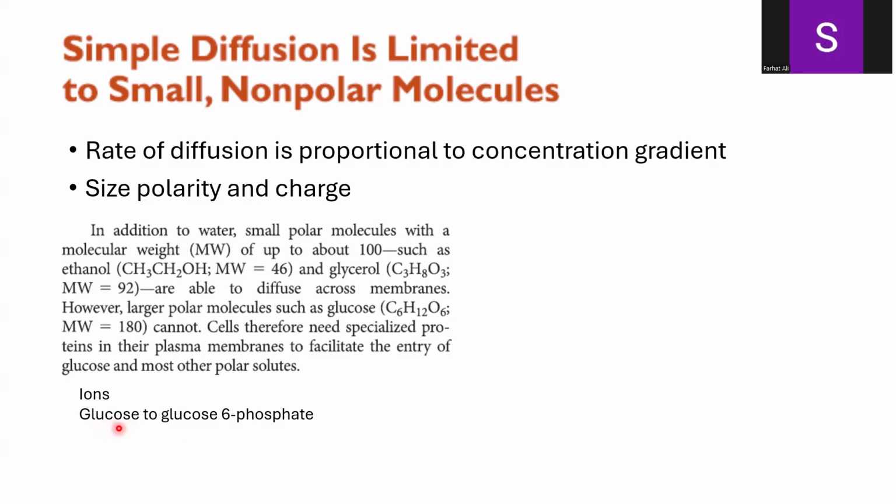So glucose, although it's polar, when converted to glucose 6-phosphate will now contain a phosphate group, which is a charged group on it. So therefore, this would increase the impermeability. So glucose will become impermeable to the membrane upon phosphorylation. In this manner, it does not diffuse away from the cell.